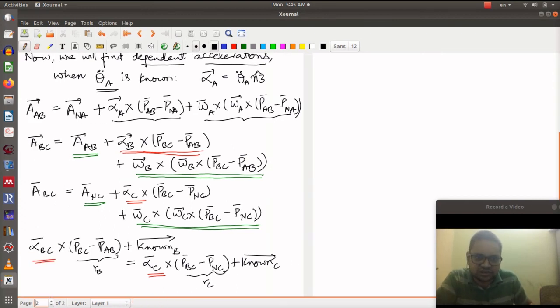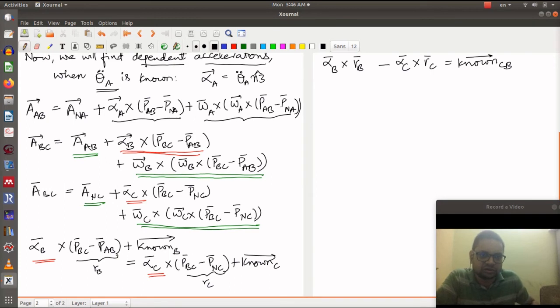So now let us write this as alpha B. Okay, alpha B cross RB minus alpha C cross RC is equal to known CB. Let us call this known CB now. Known C minus known B is known CB.